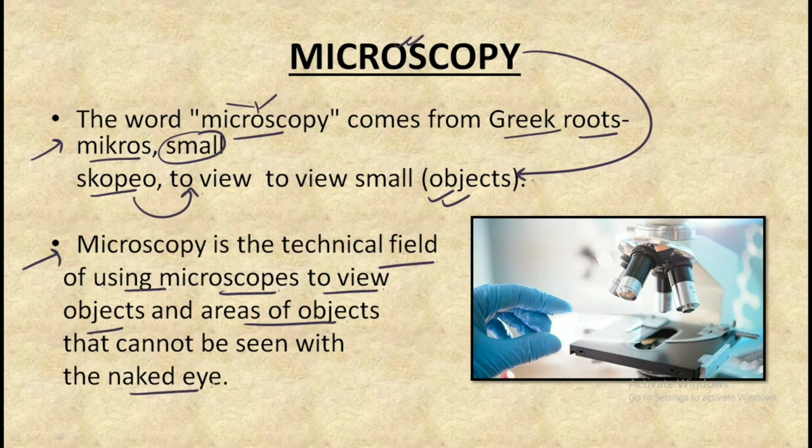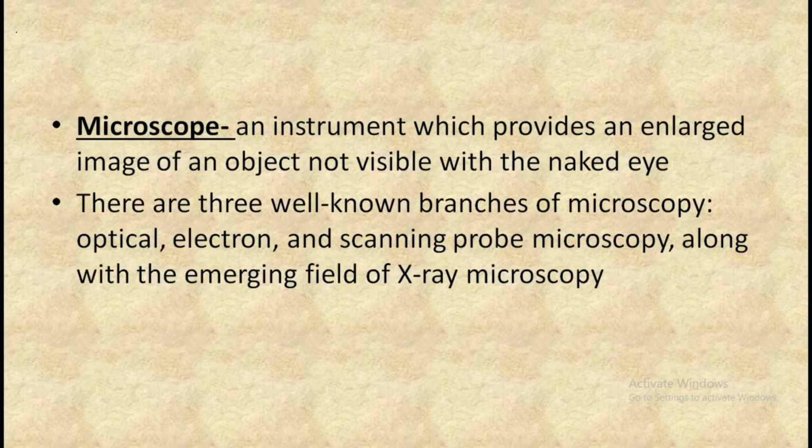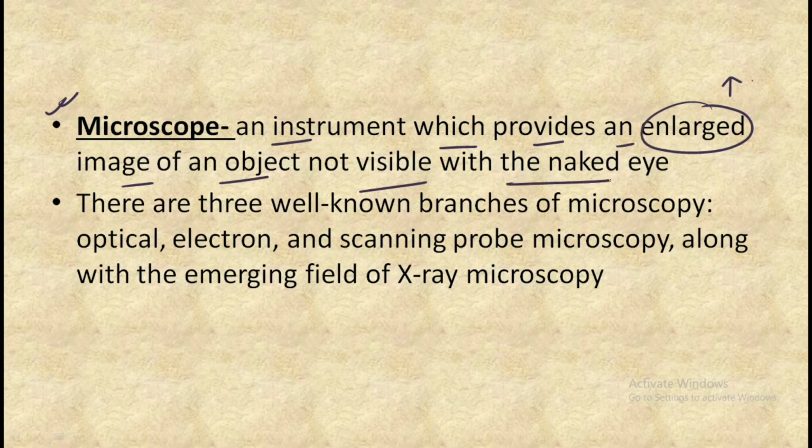In simple words, it is the technique in which we use microscopes to enlarge small-sized particles or objects into a larger picture for a detailed and better understanding of the same. So the microscope is the instrument which provides an enlarged or bigger image of objects which are not visible with the naked eyes.